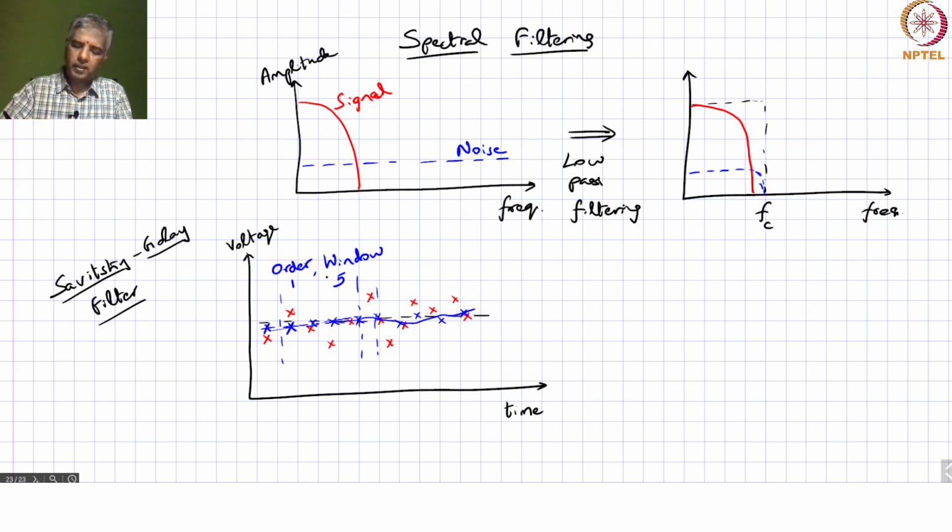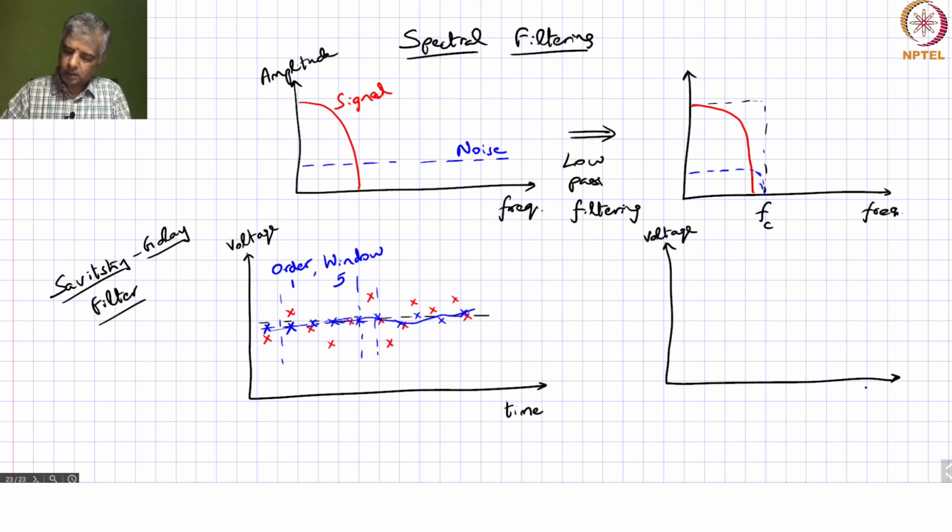The answer to that is, well, it depends on what your expectation is in terms of the frequency content in your signal. Now say your signal voltage as a function of time has some high frequency components, let's say in this case, we are talking about having this transition over here.